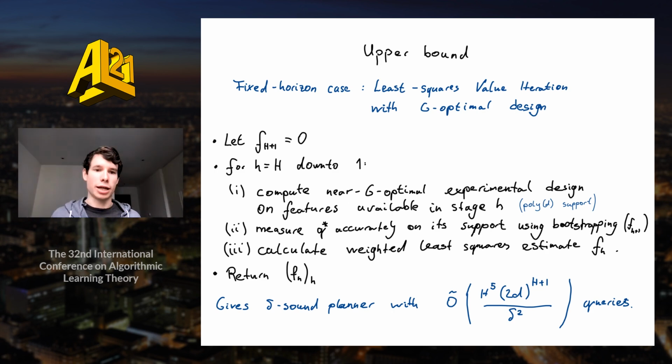And then we go on and go down to the first stage. And so the inaccuracy that we will have will accumulate at an exponential rate in H. So the query complexity that we can have with this algorithm scales as an exponential in capital H. So if you want a polynomial out of this, then the delta, which is your inaccuracy, will have to scale exponentially in H as well.